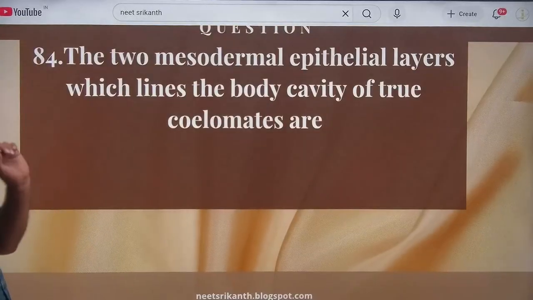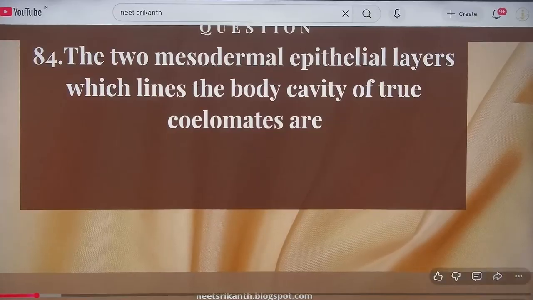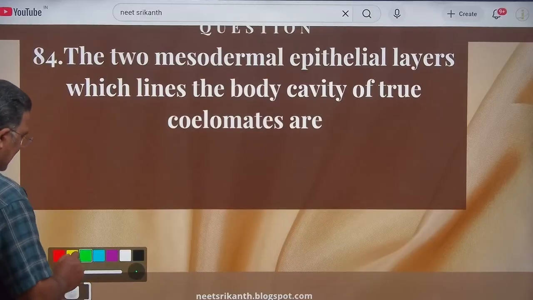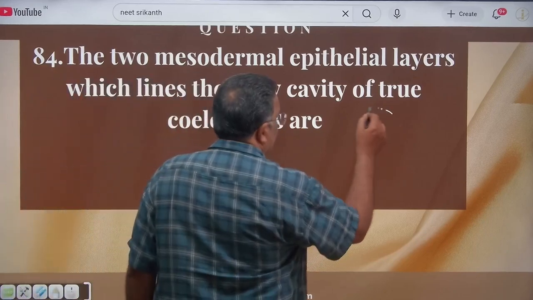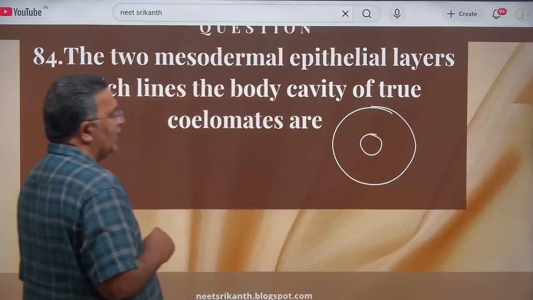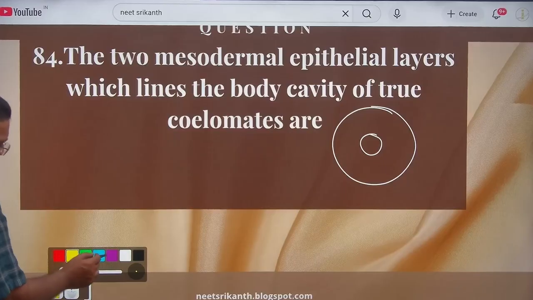The two mesodermal epithelial layers which line the body cavity of true coelomates are, I will remind you once again, we learned this in the coelom topic. This is the body wall, this is the gut wall, ectoderm and endoderm. In the transverse section I said this thing is going to happen.